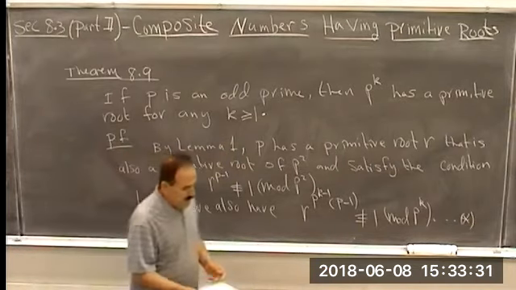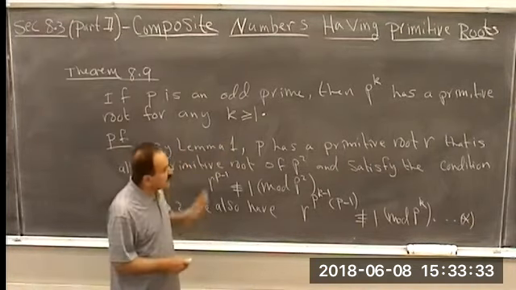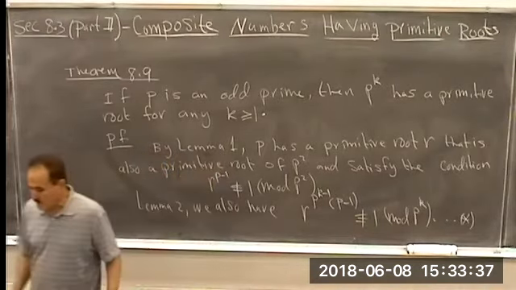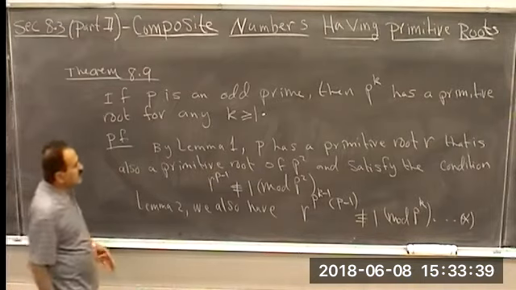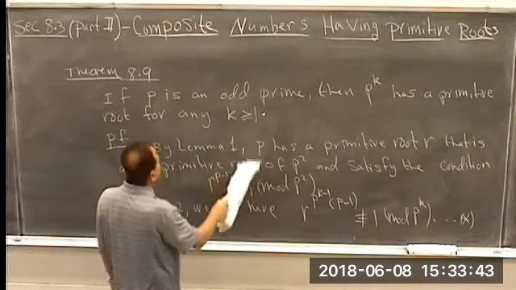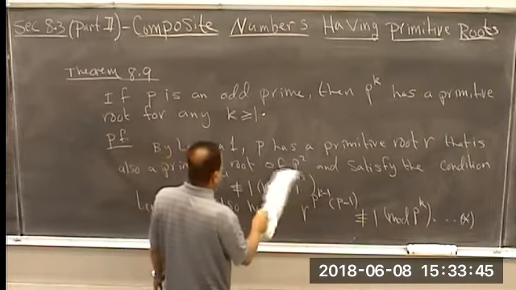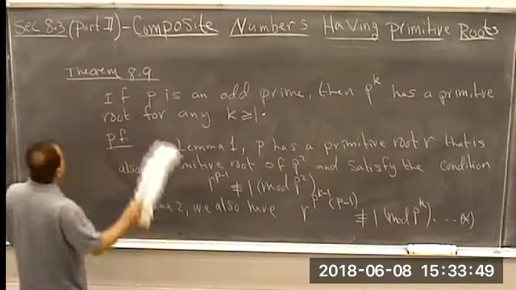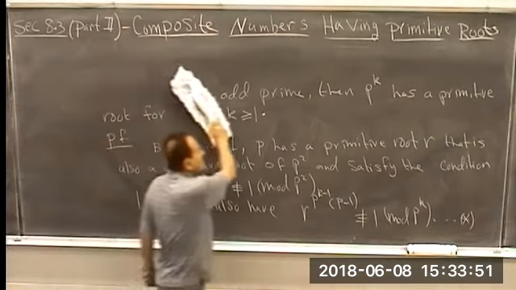All right, now we claim that this same R actually is a primitive root of p to the k for every k bigger than or equal to 1. But we already know it is a primitive root of p, and we also have it for 2p squared, so we're just going to do it for k bigger than or equal to 2.